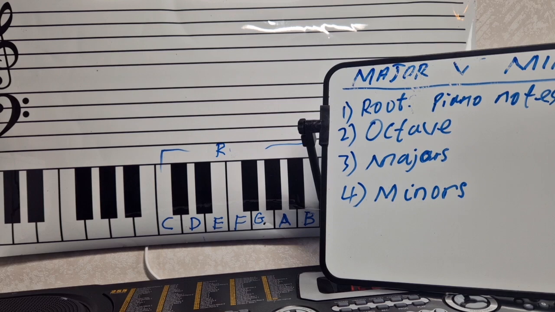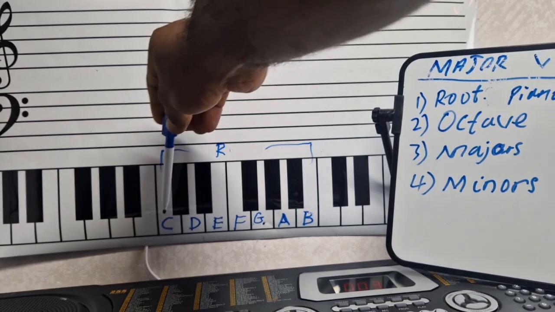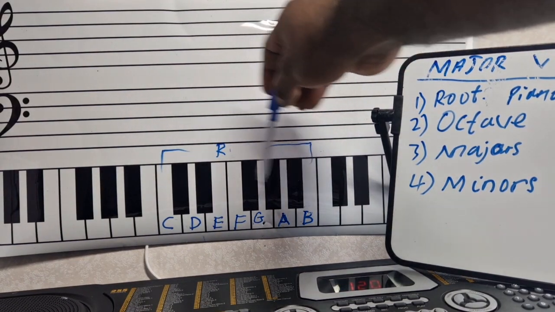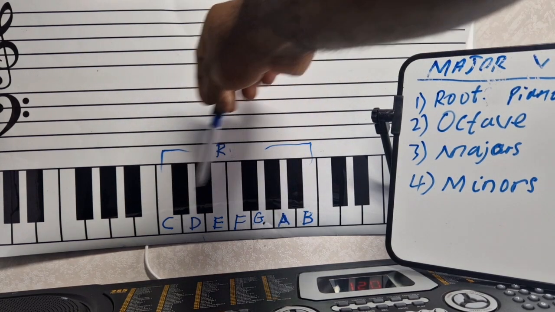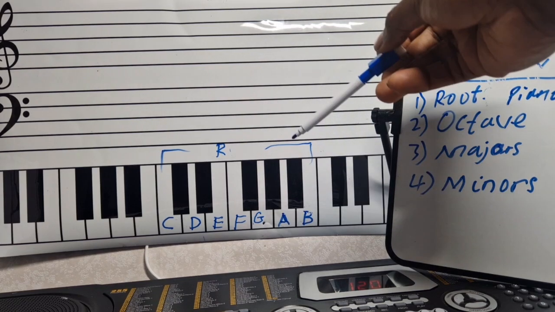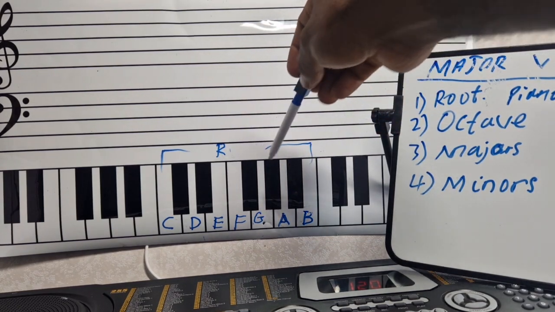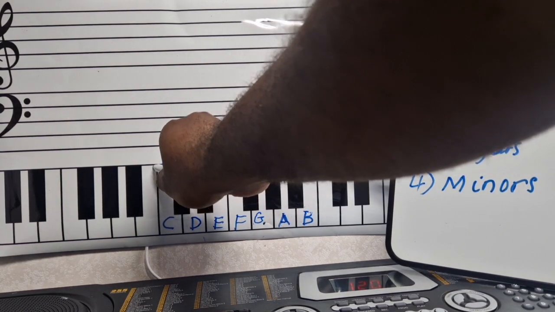Octave, excellent. Octave, it's a combination of these root notes together with the black keys, 5 black keys, and there are 12 of them. So all together it makes 12 buttons or 12 different keys, and all of them are referred to as the octave, right?